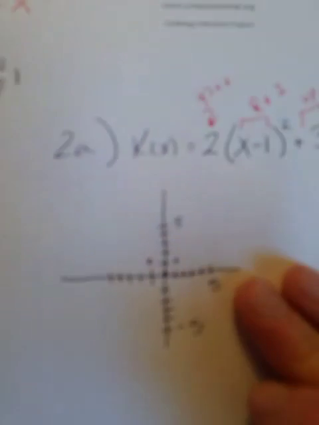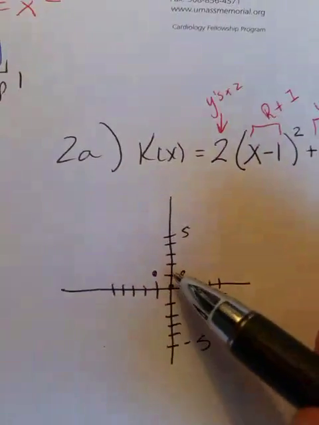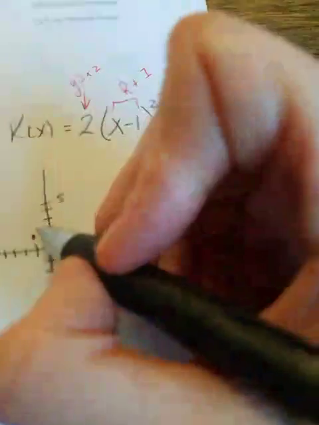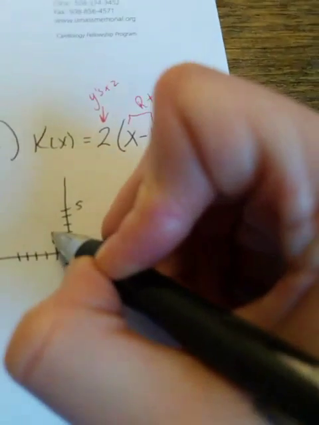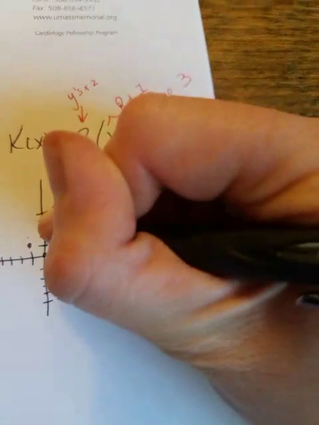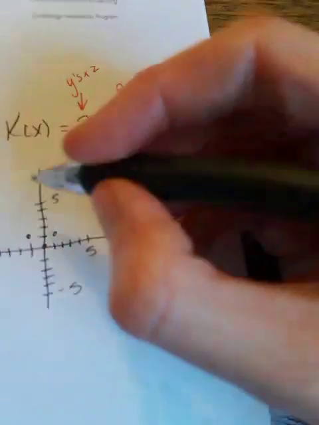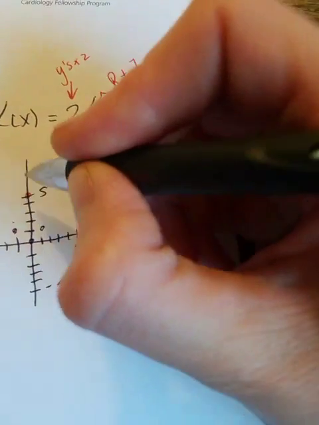So my y value here is 1. 1 times 2 puts me at 2 for a y. I now have to go to the right one, and then up 3. 1, 2, 3. So that is the point 0, 5.